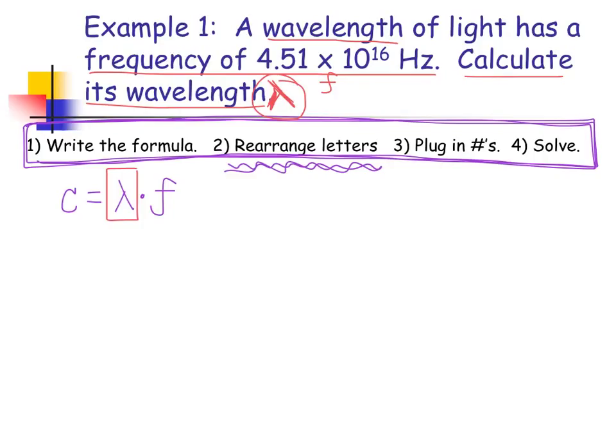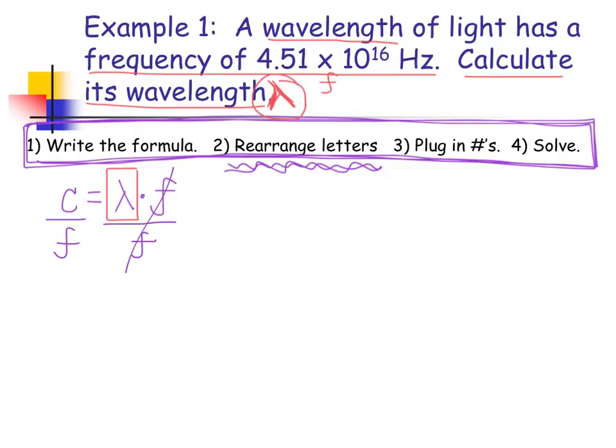Remember, the box can't move. So who is next to the box that I have to remove? The frequency. And if you remember, we do that by dividing both sides by F. So we have rearranged the letters.